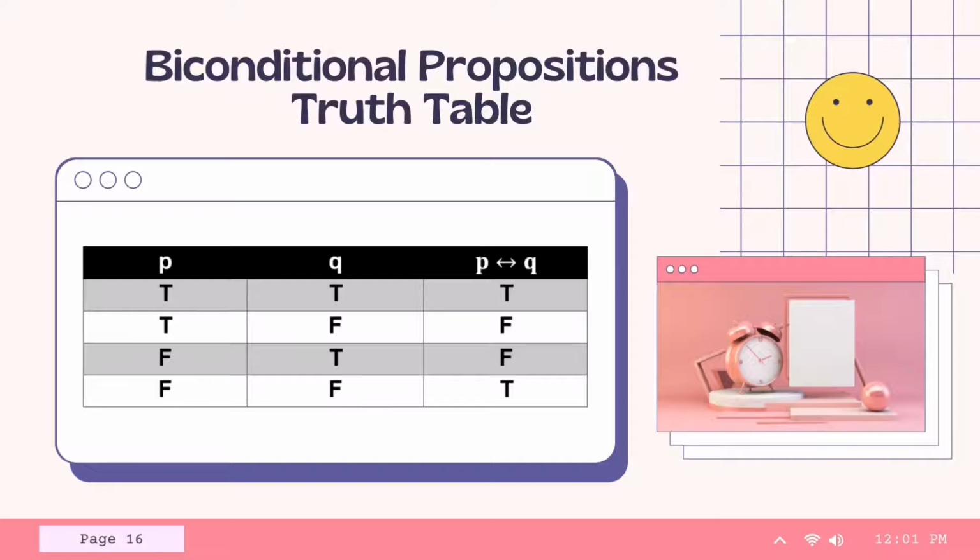It is also applicable to the fourth row, where P and Q are both false this time. Since both are false, both are equivalent to each other. Contradictory to that, we have the second and third row, where P and Q are true and false, and false and true, respectively. Both P and Q in these rows are not the same, and thus, subsequently, do not have the same value.